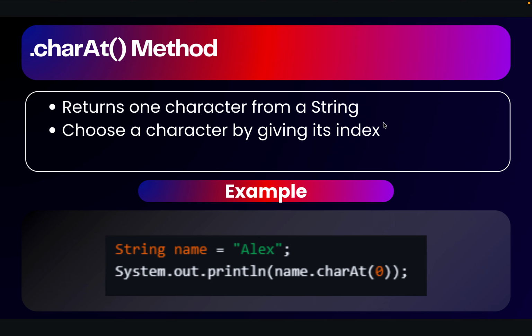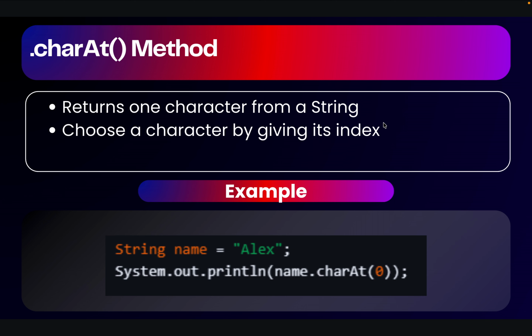So if you take a look at the example, we have a variable called name, which holds Alex. And in our print statement under it, you see the print statement says name.charAt(0).